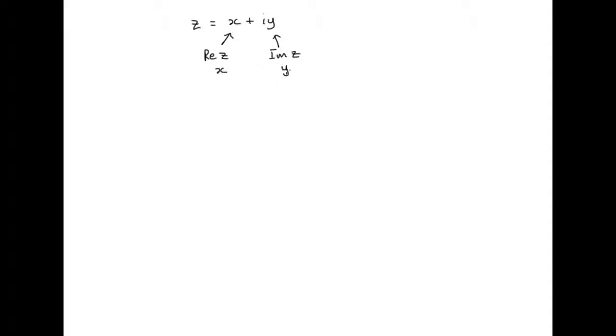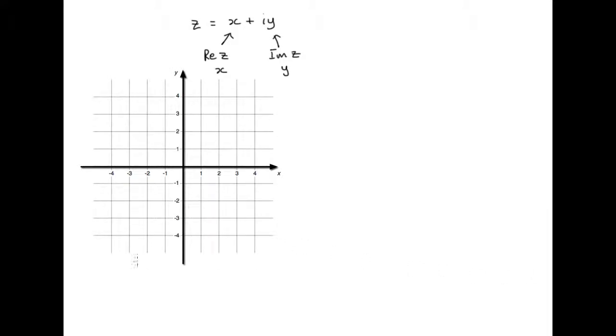So these real and imaginary parts are both real numbers, a pair of real numbers. Now we do have a method of representing pairs of real numbers, and it's called the Cartesian diagram, or the XY plane.